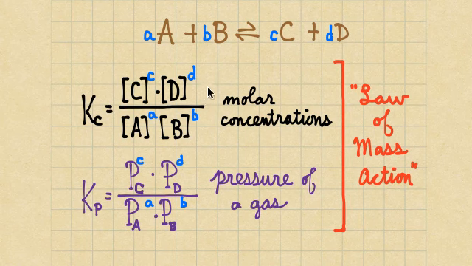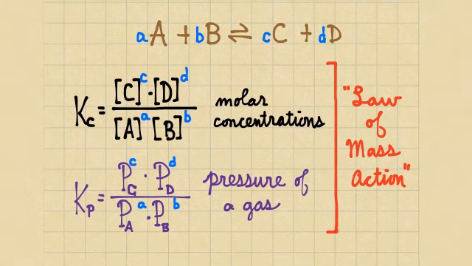It's the rule. So if I have one of these, two of these, and three of these, and four of these, that's a 1, that's a 2, that's a 3, that's a 4. This works for not only molar concentrations, but also pressures of gases, in just about any unit you might like to choose.